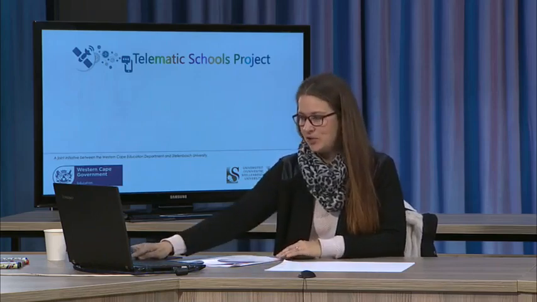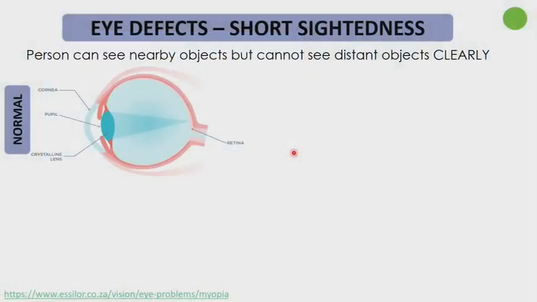Right, so if we go to the process, this is representing a normal eye. So what we want to happen is the light rays should enter the eye, should refract, and it should fall onto the retina at the back. That's normal conditions.